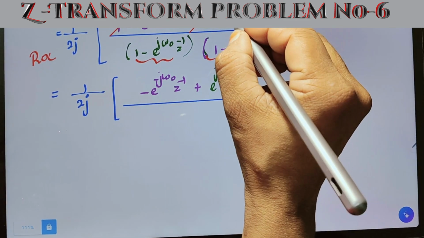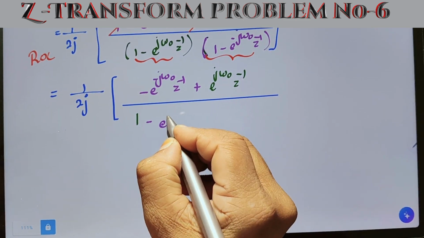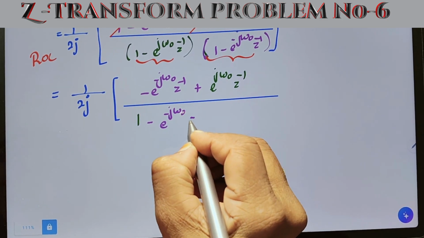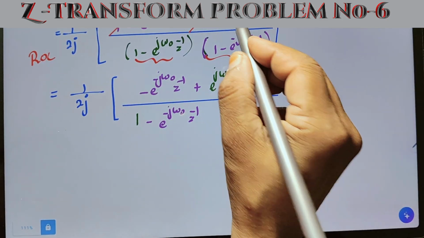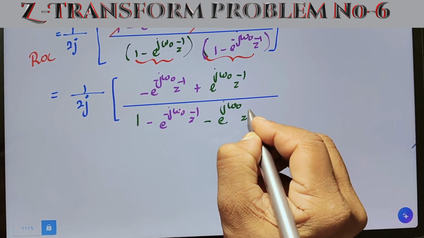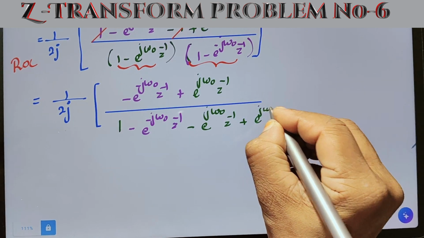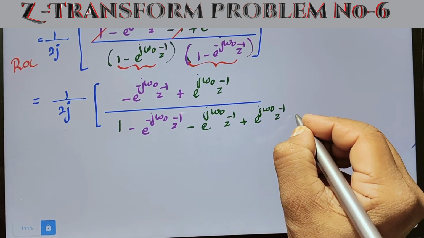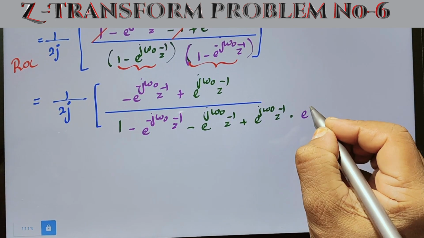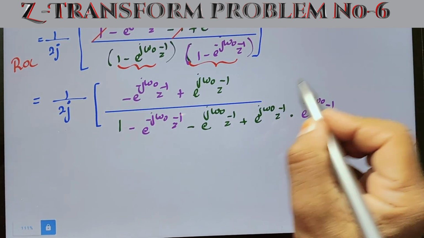So first 1, then the second term minus e power minus j omega naught into z power minus 1, next minus e power j omega naught into z power minus 1, next plus e power j omega naught into z power minus 1 and e power minus j omega naught into z power minus 1. To expand the line.